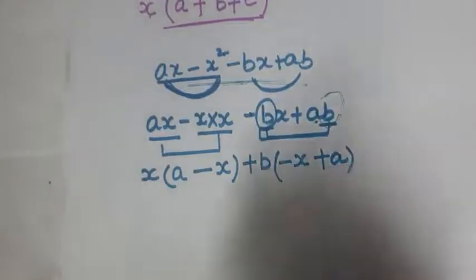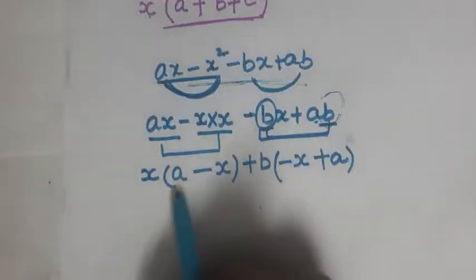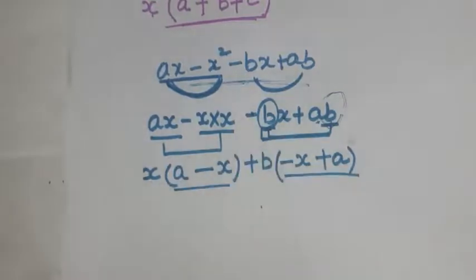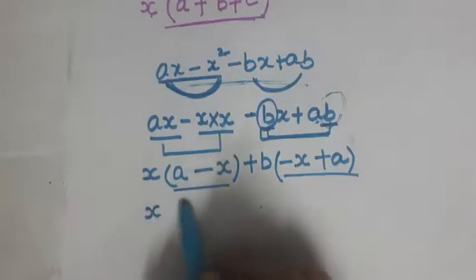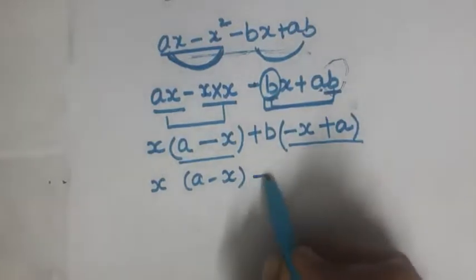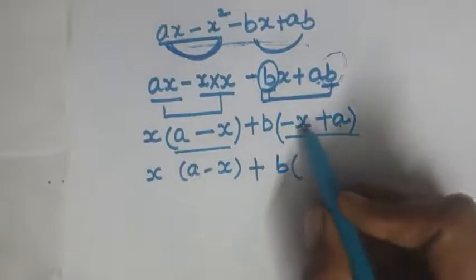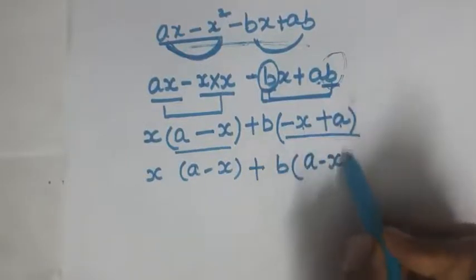Now, very important step. After taking common from both the pairs, you have to see this. These two brackets, are they same? Yes, they are exactly same. How? See, this is a minus x. And if you see carefully, this is also a minus x.